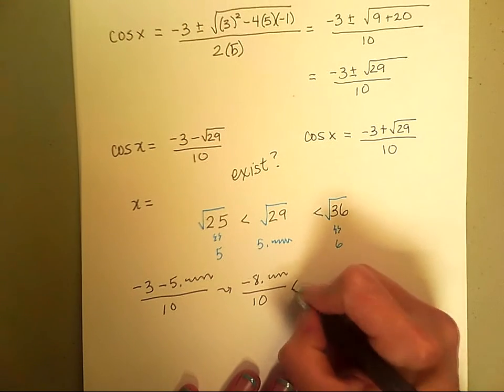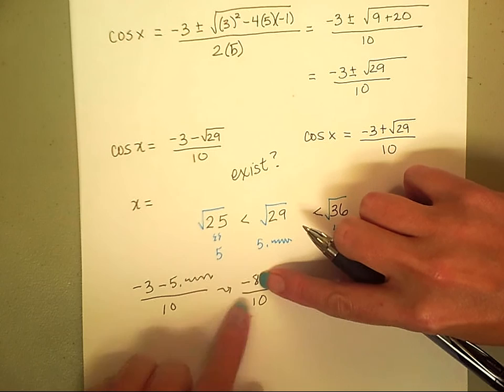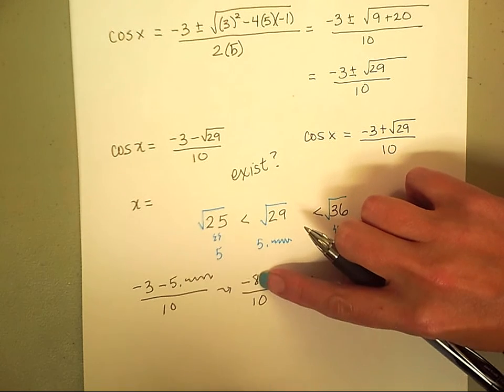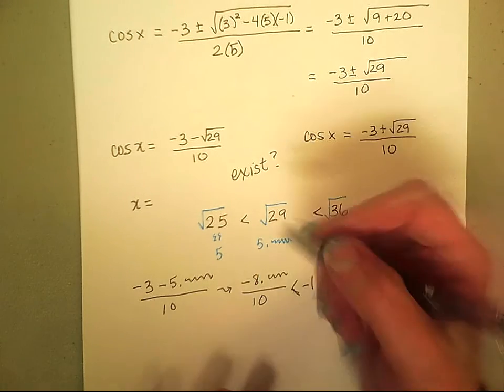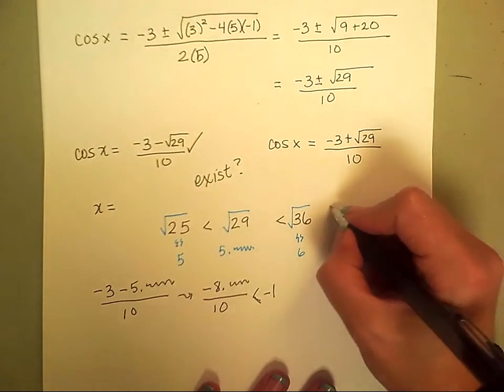And now this number is still not less than negative 1. Negative 8 over 10, a little bit more. Even if it was negative 9 over 10, it's still not beyond negative 1. So this angle exists. This one works.